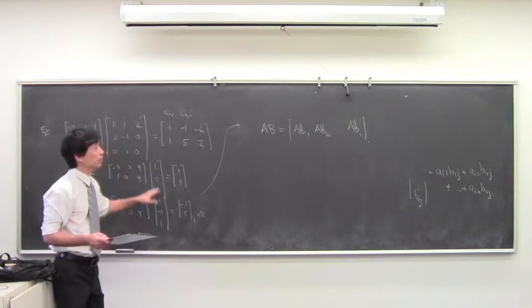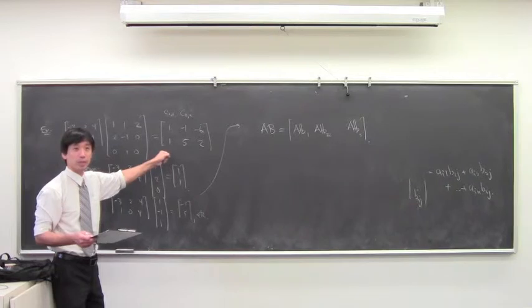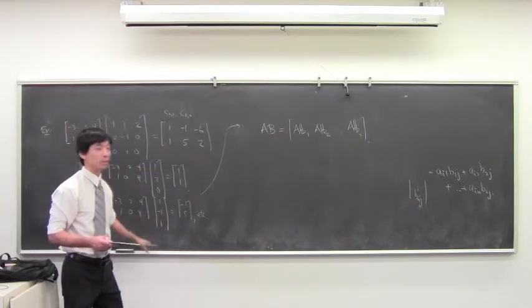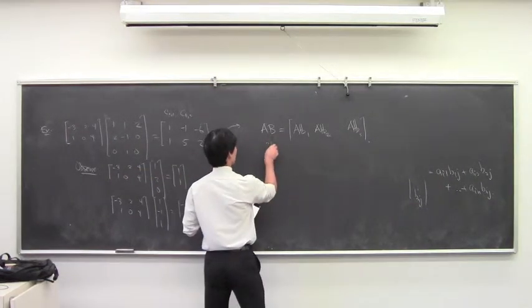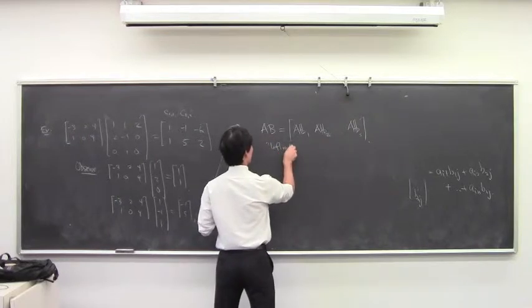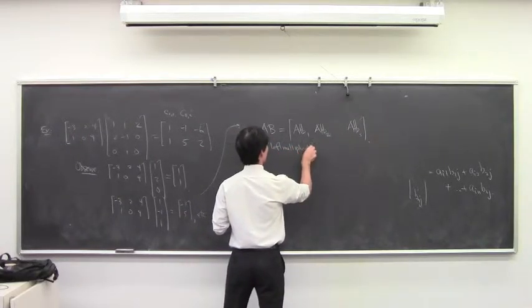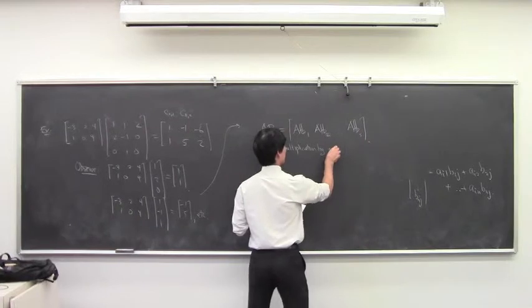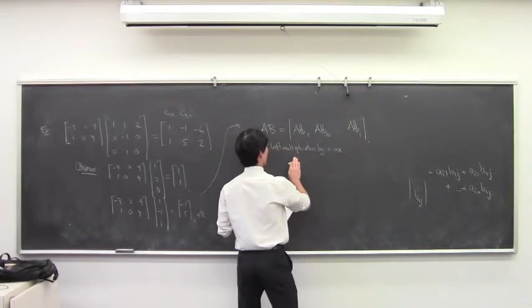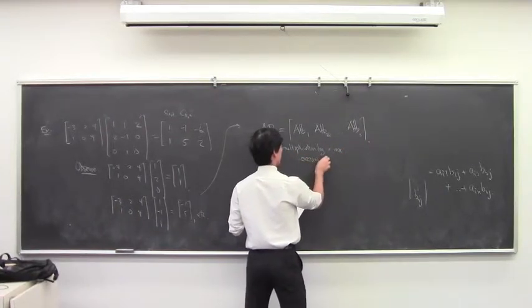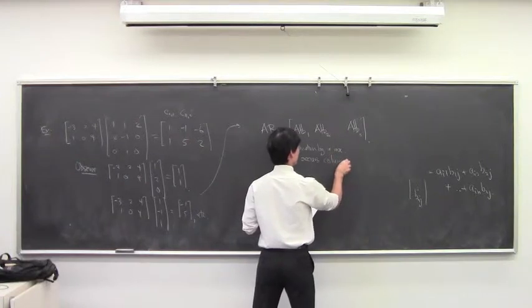That is, left multiplication by a matrix can be done column-wise. Okay, now let's write it in English. Left multiplication by a matrix occurs column-wise.